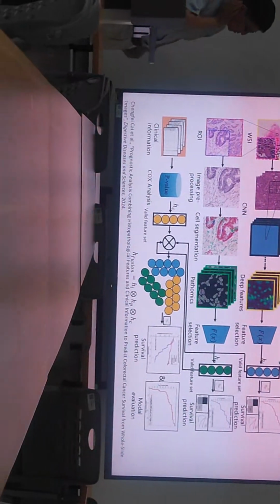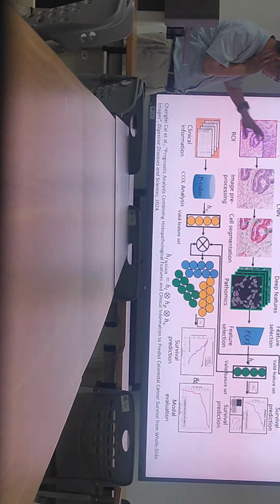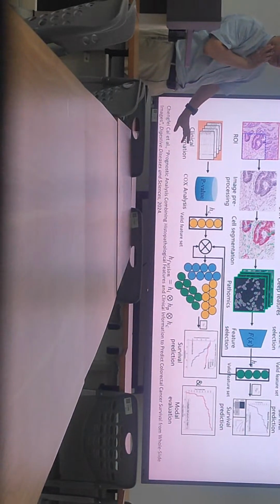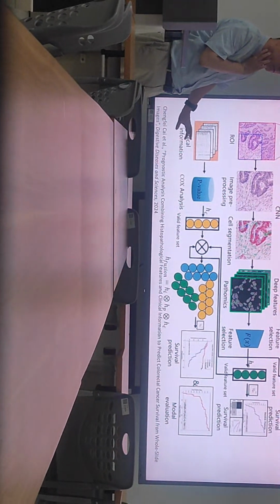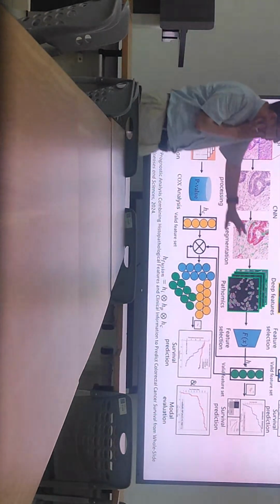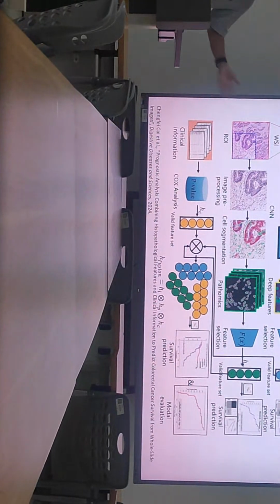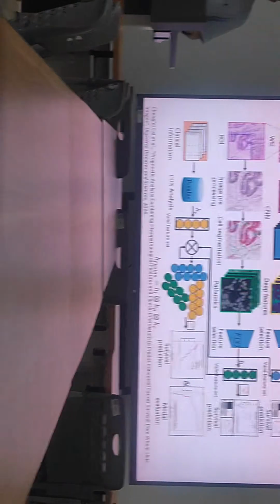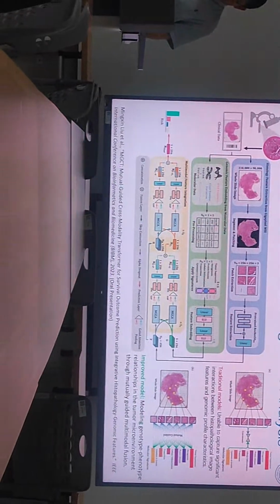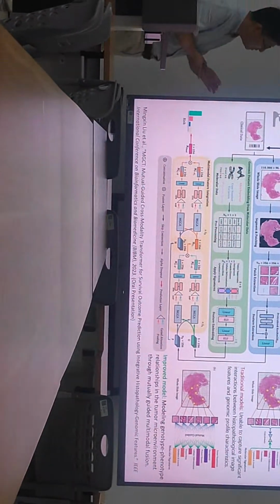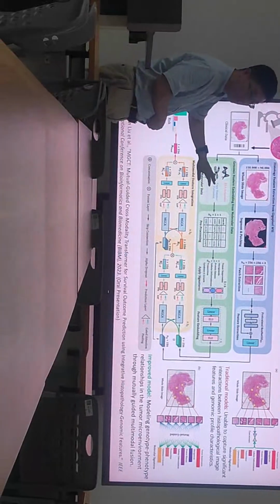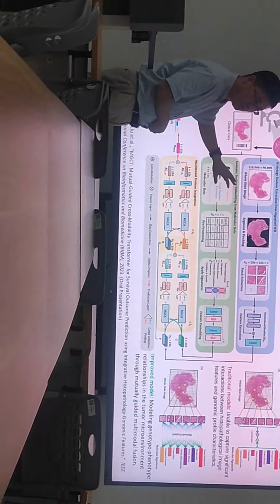This is also the integration of images with text information and medical records, integrated to predict the survival of the patients. And this is the integration between histology and medical and genetic information.